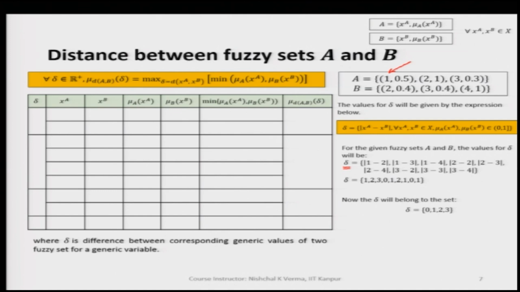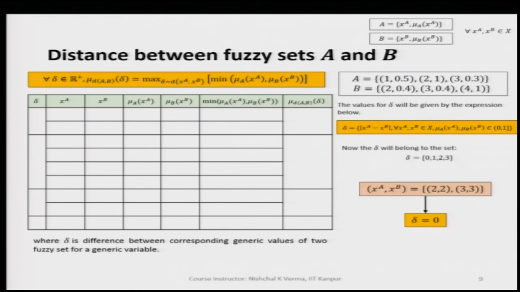For 0, if we take the 2 2 and 3 3 combination, 2 2 means this is from A and this is from B, this is from A, this is from B fuzzy set. And we have 2 here from A fuzzy set and 2 here from B fuzzy set.